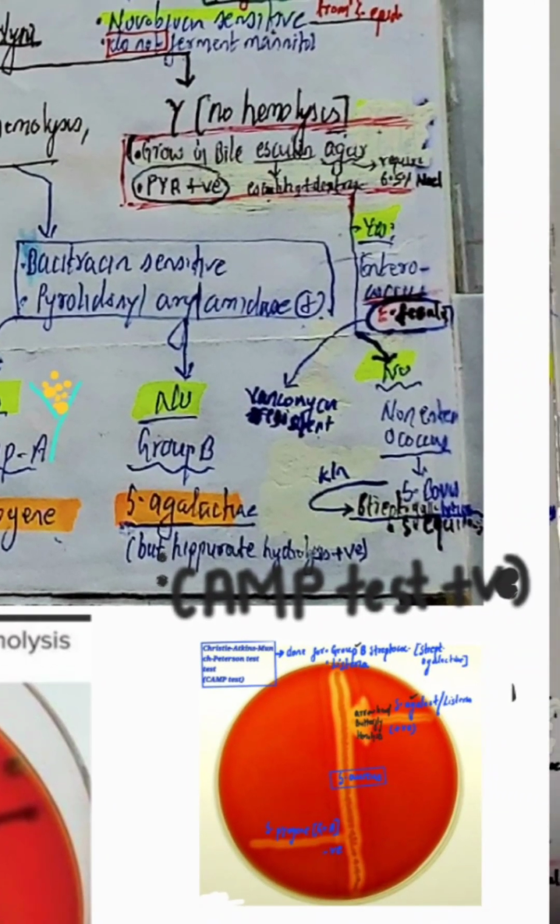Though they are bacitracin resistant and pyrrolidonyl arylamidase negative, they are hippurate hydrolysis positive and they also show the CAMP test positive.